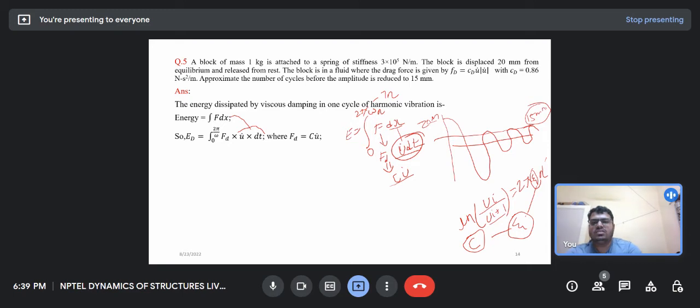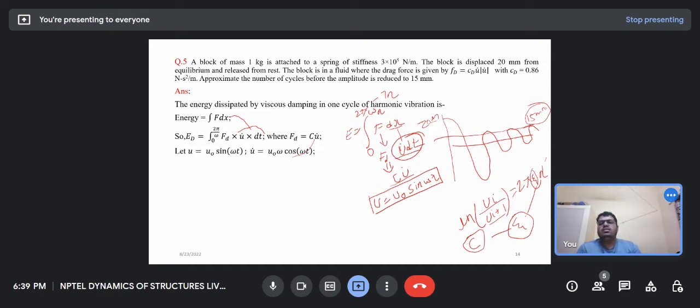So I replace this with c u dot. And what is my response u? u is equal to u naught sin omega t. If I differentiate it, it comes out to be u naught omega cos omega t.